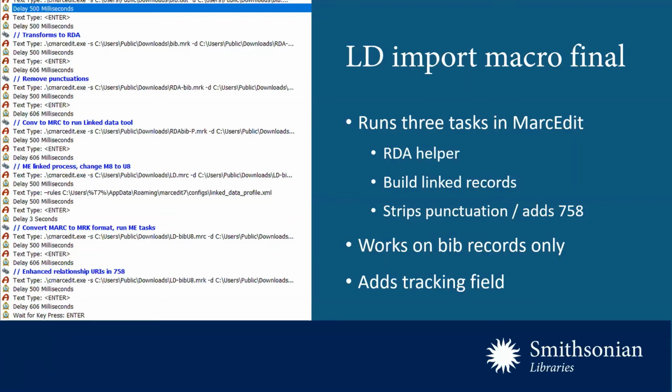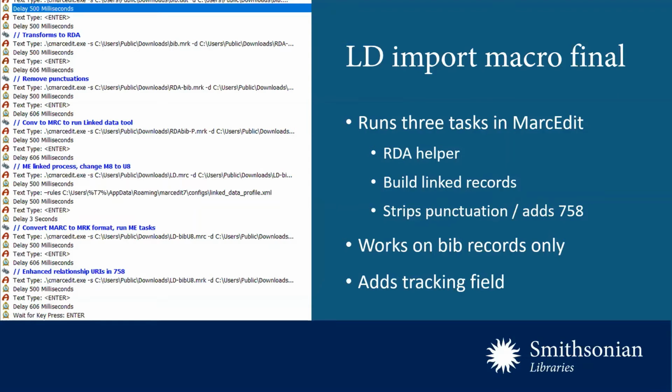Some of the tasks that this macro calls are native to MarcEdit, things like RDA helper and build linked records. Build linked records queries linked data services and returns URIs to populate the subfield 0, which is that authority record control number, and the subfield 1, your real world object URI.